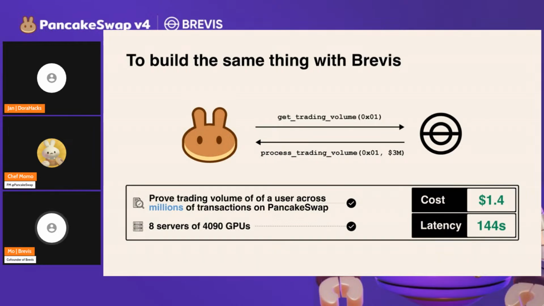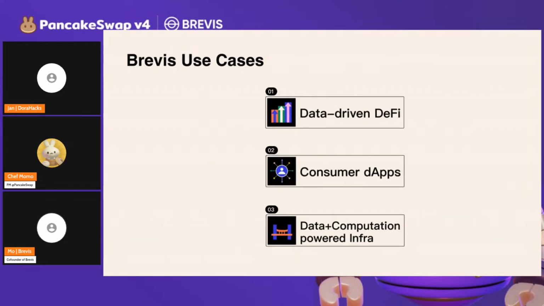And for this type of architecture, if you want to build something that accesses historical data, such as an individual user's trading volume, in Brevis combined with PancakeSwap, it is very possible and viable because the cost profile of this is also extremely low.